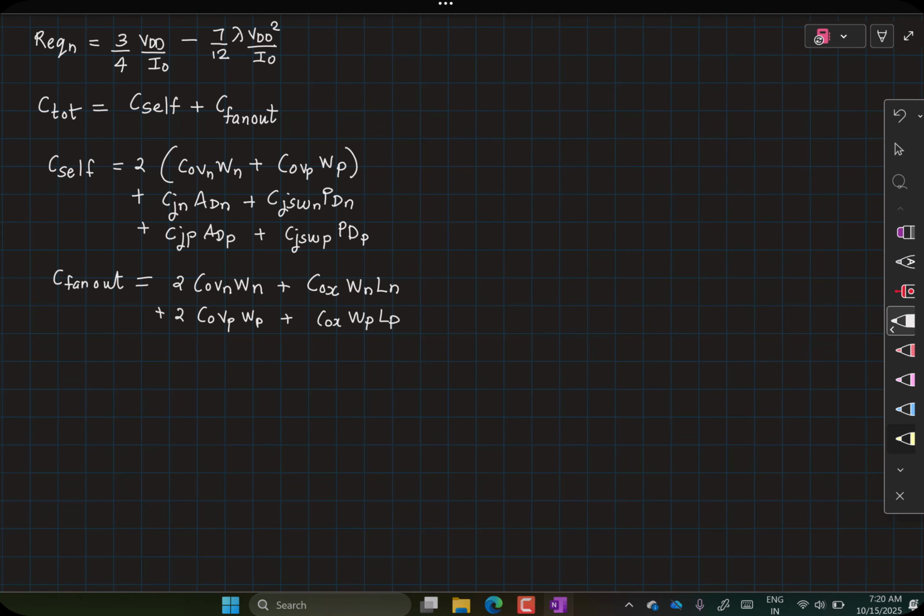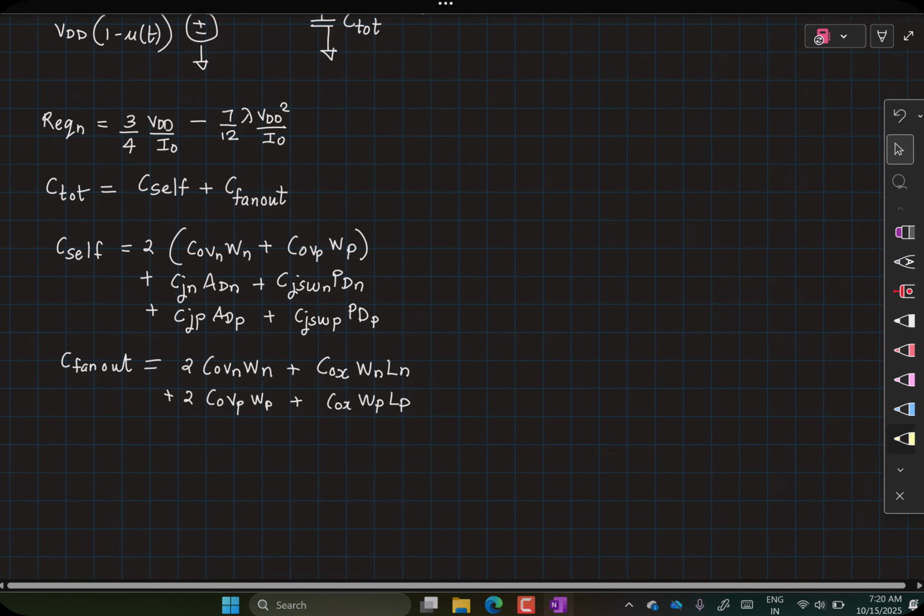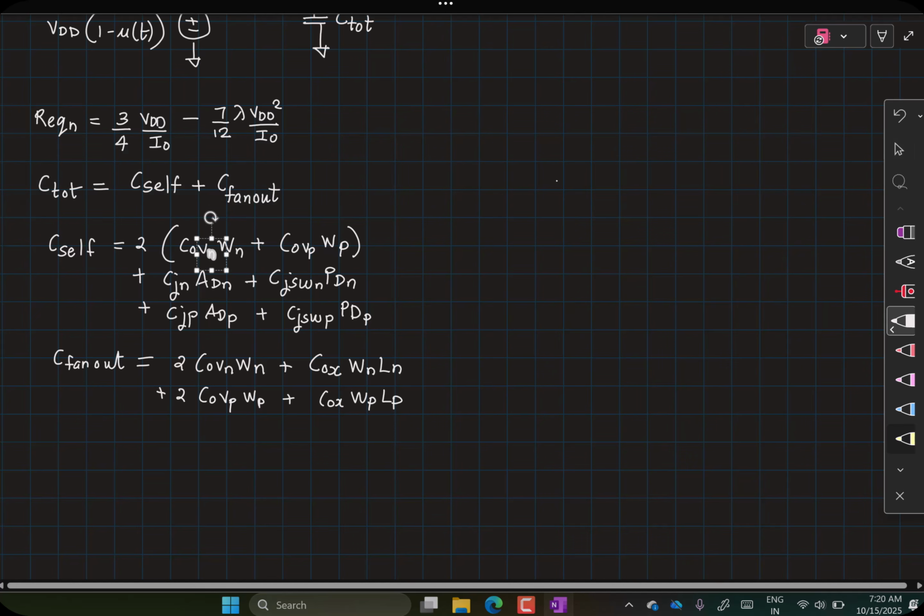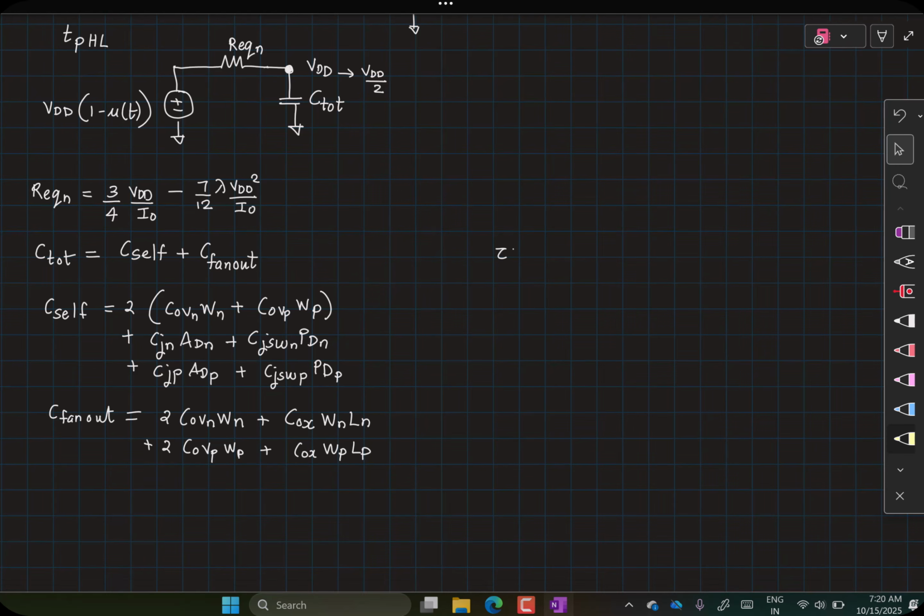So all the parameters that you require for calculating the time constant are now available here. The time constant for this RC circuit is simply equal to R equivalent N times C total. Then TPHL can be calculated as 0.69 times this time constant.